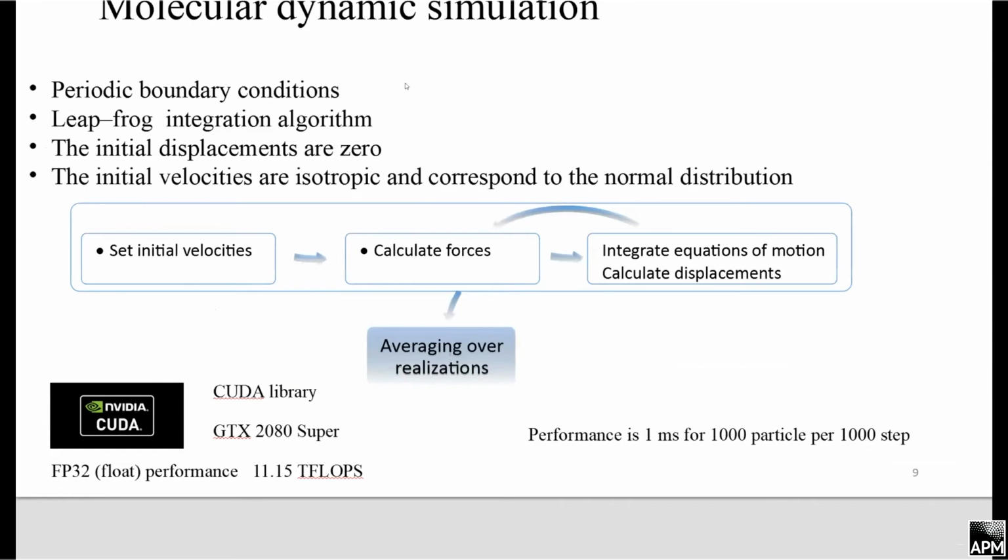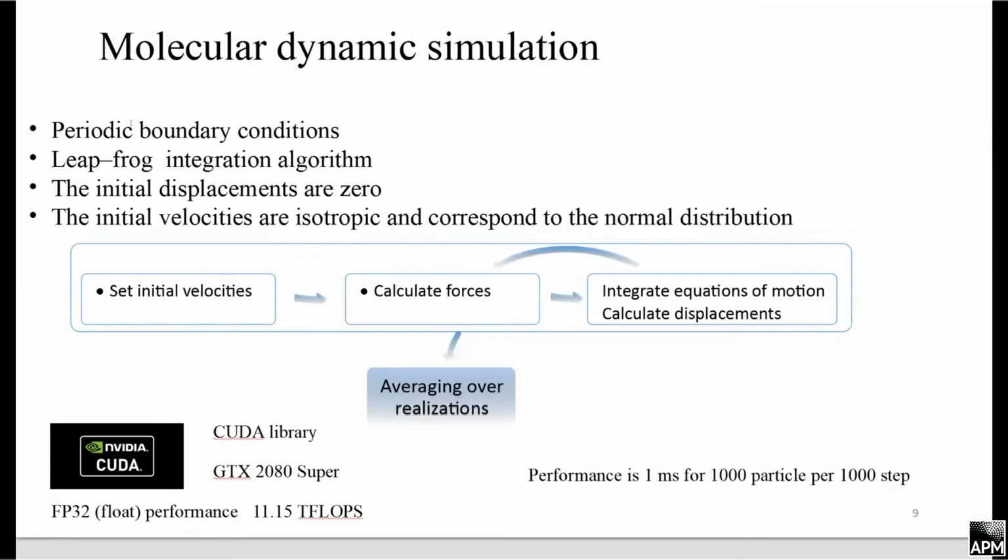And for molecular dynamic simulation, we use periodic boundary condition, integrate equation of motion by leapfrog algorithm, and the main problem is averaging results by a lot of realizations. So we use GPU calculation to reach enough performance.